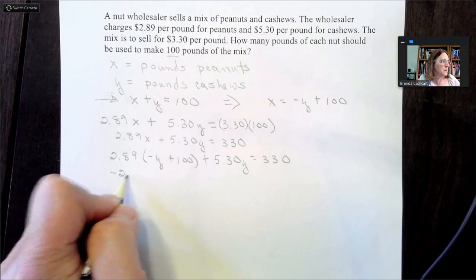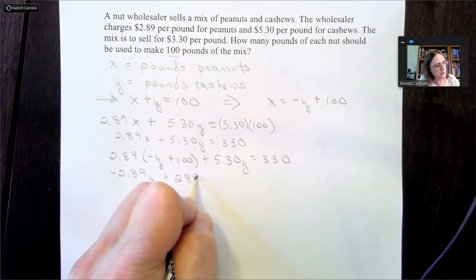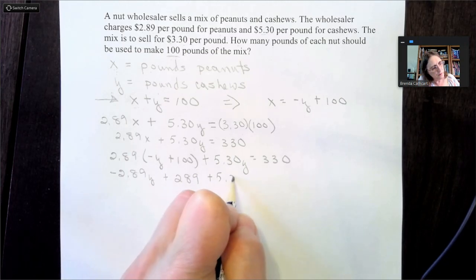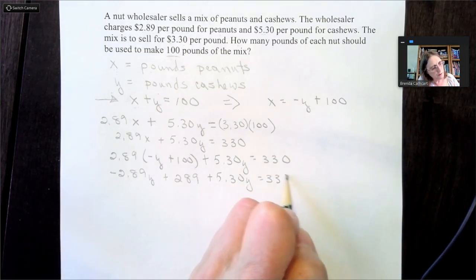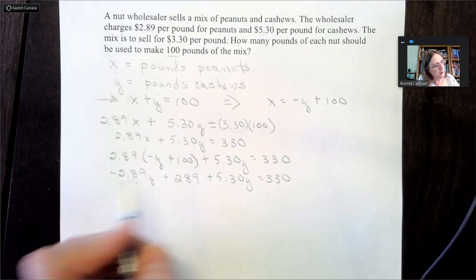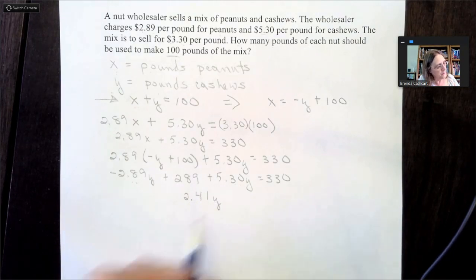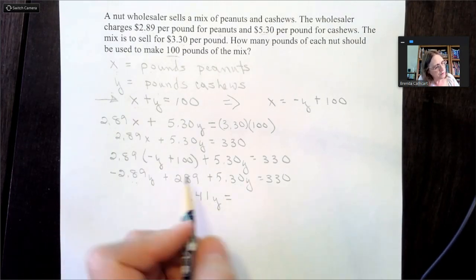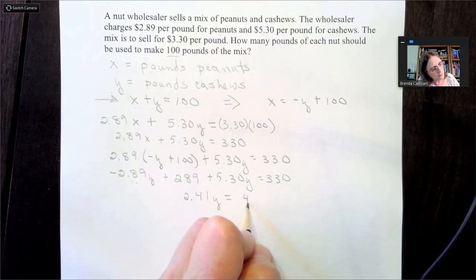Distributing, we have negative 2.89y plus 289 plus 5.30y is equal to 330. Combining these two terms, we end up with 2.41y is equal to, subtracting 289 from both sides, 41.